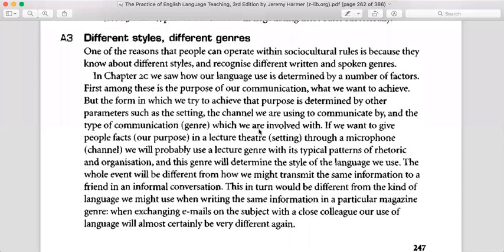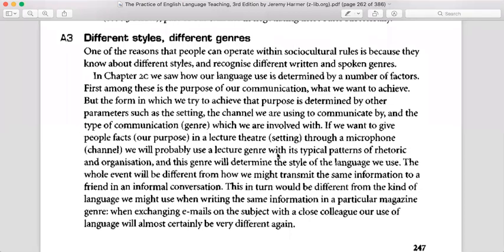Now, for instance, there is an example given of a lecture. So this lecture classroom or lecture theater is the setting, and the channel is the microphone. Right now also I'm talking to you through the microphone.